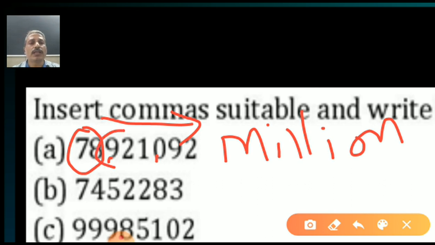Okay, now 3 numbers together, read out. Good. 921. And how many numbers are left here? 3. And 3 number means thousands. 3 zeros are in thousand place. Remember this thing. So 921,000 and at last 92. No hundreds are there.